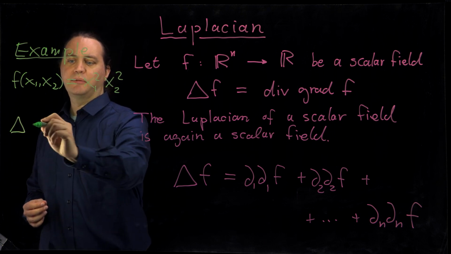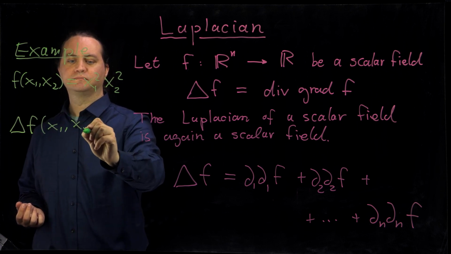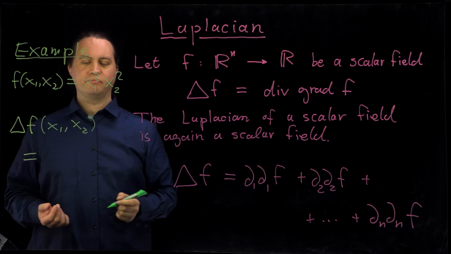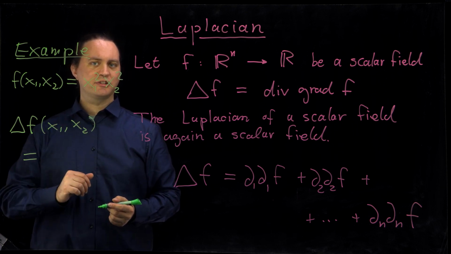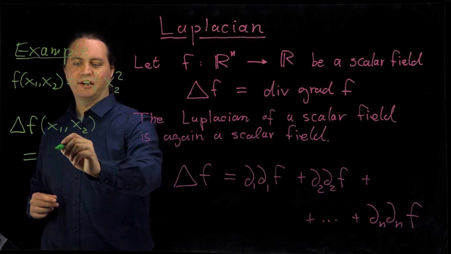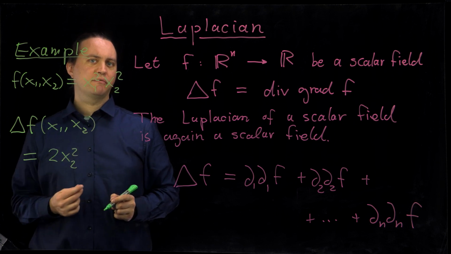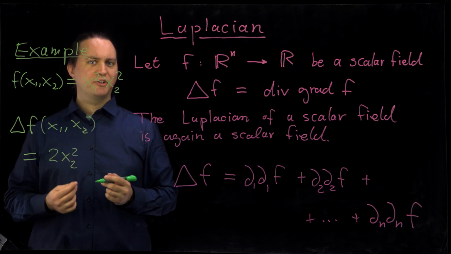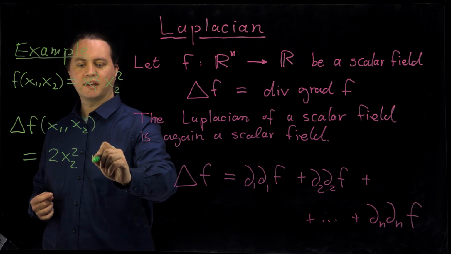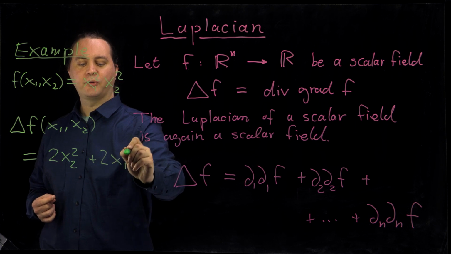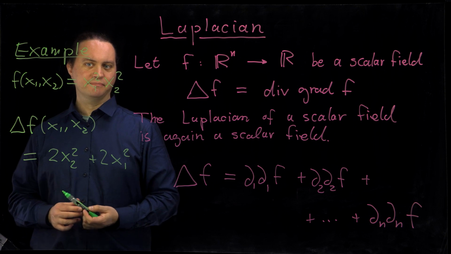Well, the Laplacian of f at x1, x2: for that we take the derivative in the x1 direction 2 times. That gets us 2 times x2 squared. And we add up the derivative in the x2 direction 2 times, giving us 2 times x1 squared. Voila, that's the Laplacian of this simple function.